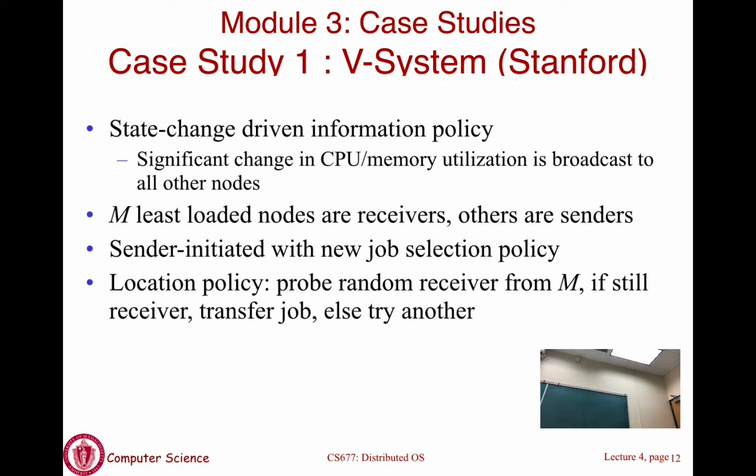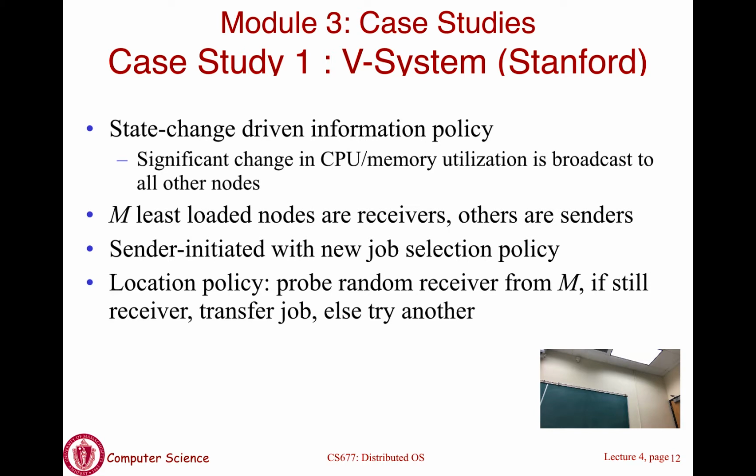So if you make decisions solely based on load tables, you might find the decision is incorrect because the table has outdated information. This is why the simple policies did on-demand polling, which means you always get the most accurate load, the current load, not something that was true 5 minutes ago when it was broadcast. But the communication overhead of these approaches is much lower because every once in a while you just tell everyone your current load. Then they use that information to make whatever decisions they need to make.